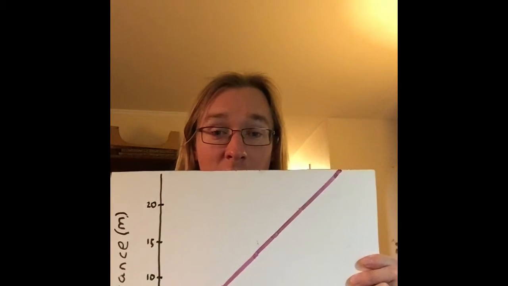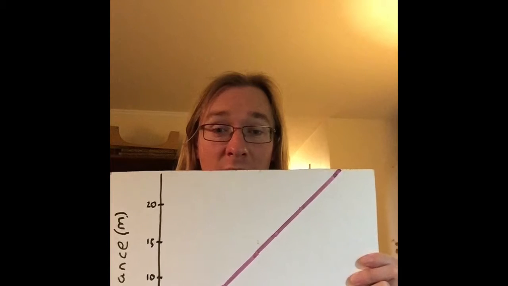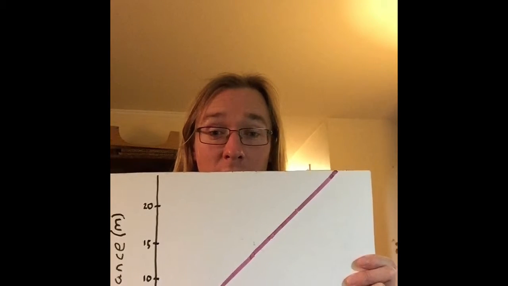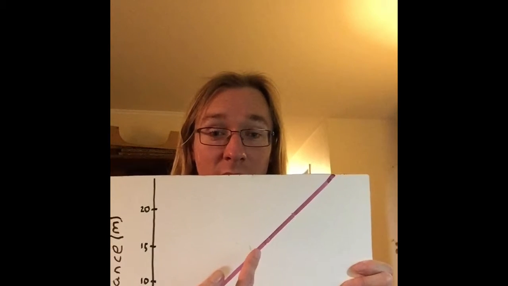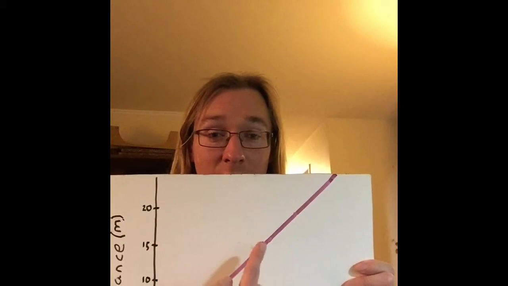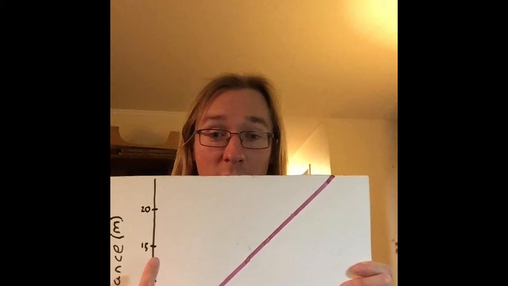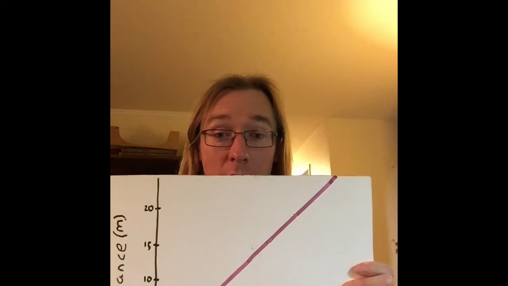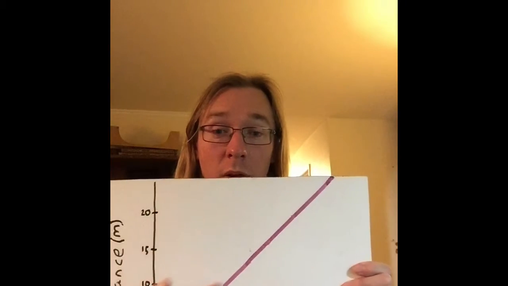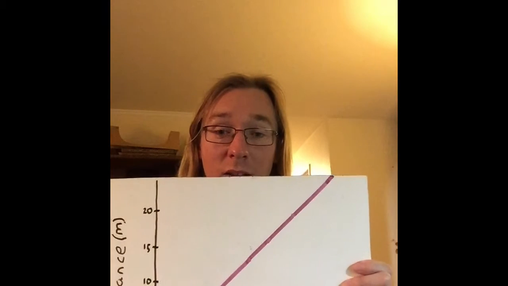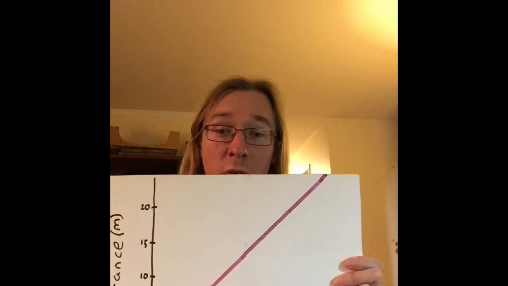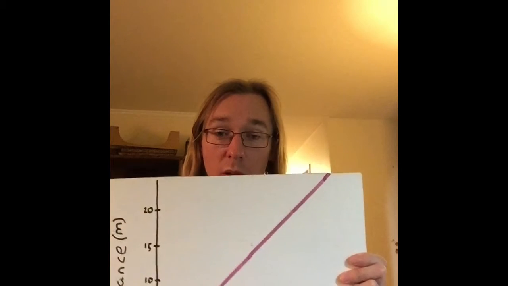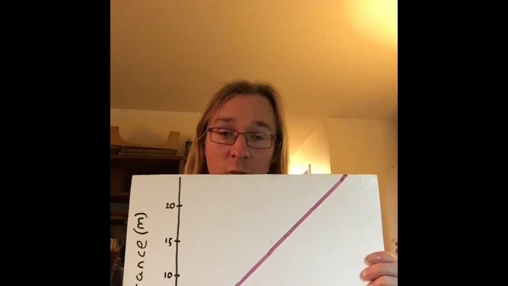You would get such and such meters per second. For example, you may get 5 meters per second here when you did the distance divided by time, and then you would get 5 meters per second at this point, higher up on the graph, when you did the distance divided by time. It will always be the same with constant speed. Okay? You always get the same answer no matter what point you were at on the graph. So here's an example of constant speed.